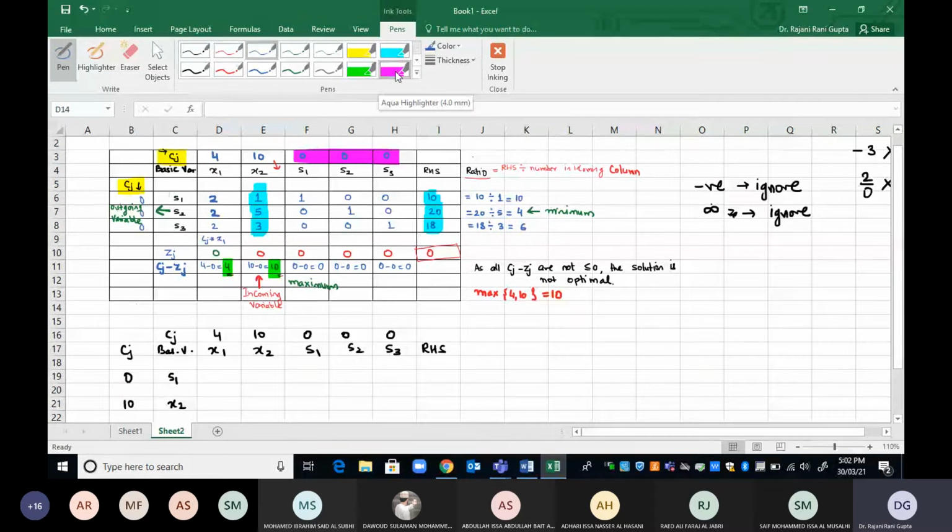Now, what is next? We have to see the pivot number. What will be the pivot number? This was your incoming. This is outgoing. So what is the point of intersection? Point of intersection is 5.